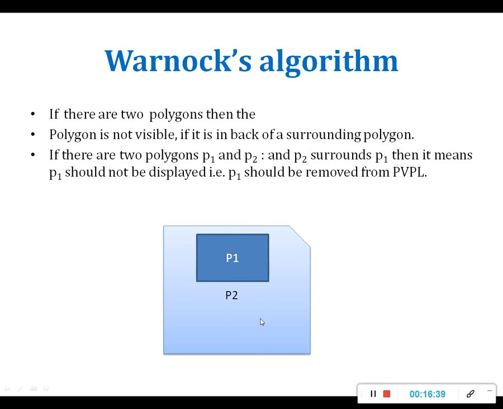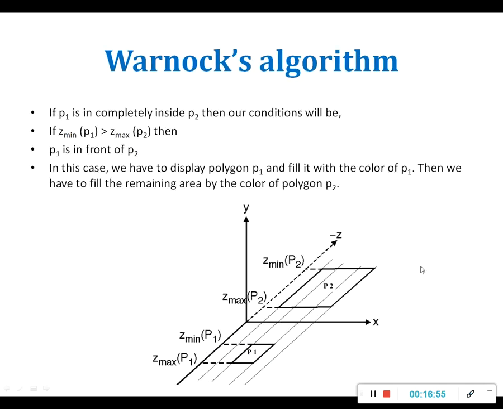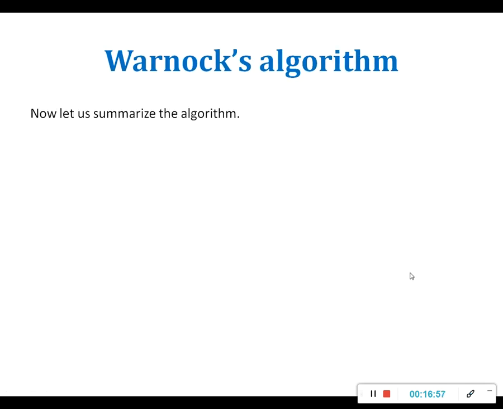Some part of the P2 polygon is hidden due to P1. So in this part we have given the color of P1 because we can see P1, we cannot see that part of P2, and the remaining surrounded part is colored by P2. This is the content polygon that we are talking about.